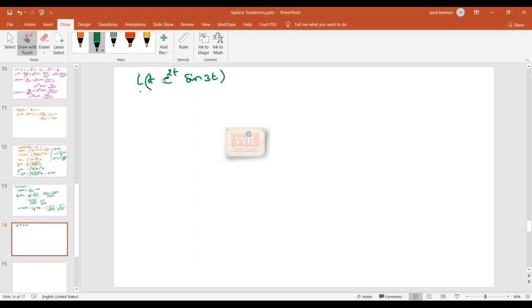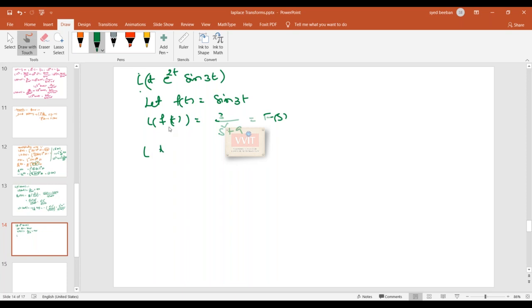We leave this e power 2t; forget about the e power 2t at this time. So let f of t equal sine 3t. Then what about L of f of t? Sine 3t is 3 by s square plus 9, which is taken as f of s.